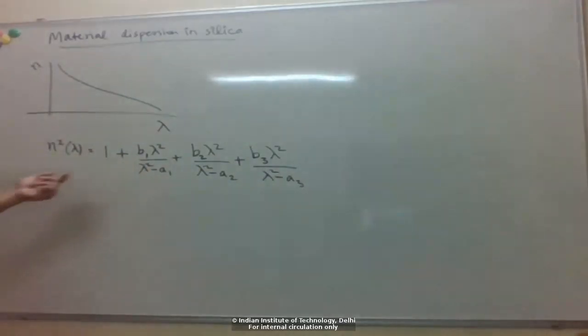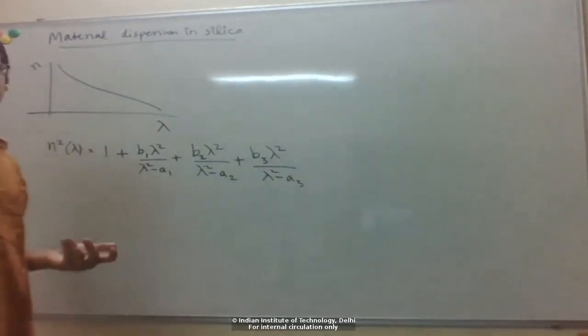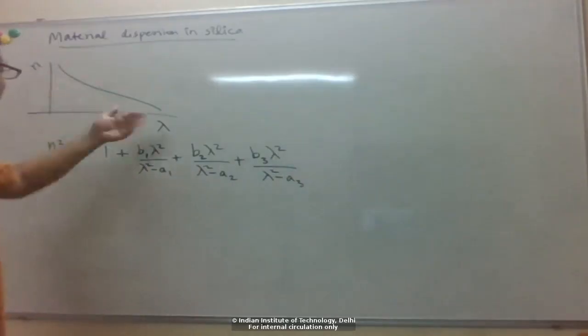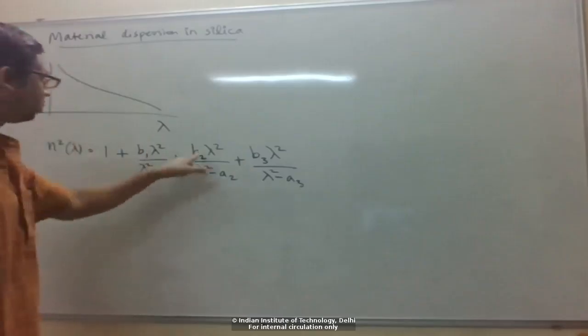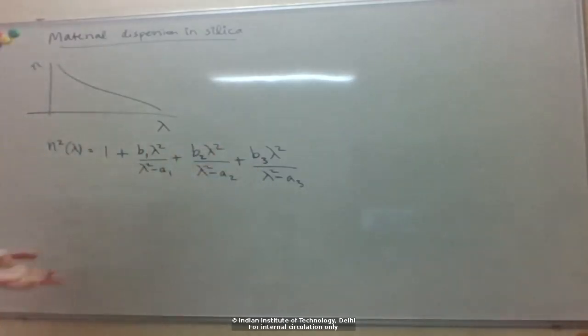So you take any material and you can actually model the refractive index versus wavelength using this type of equation, where A1, B1, A2, B2, A3, B3 are constants depending on the material. So this is known as the Sellmeier equation.